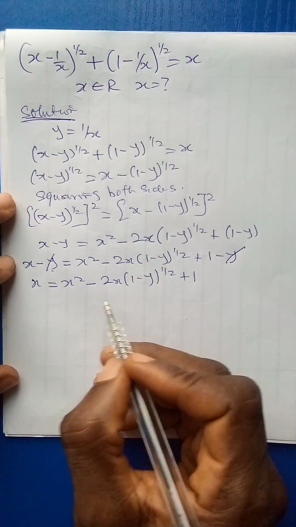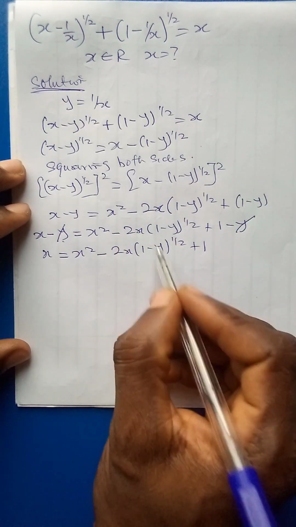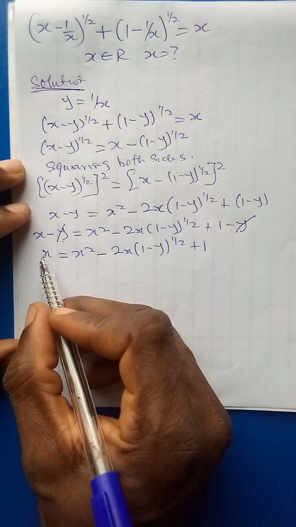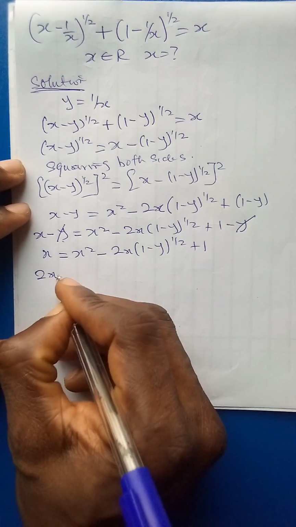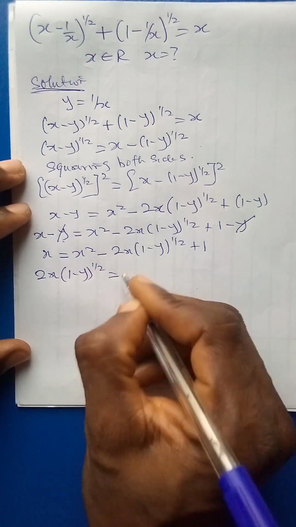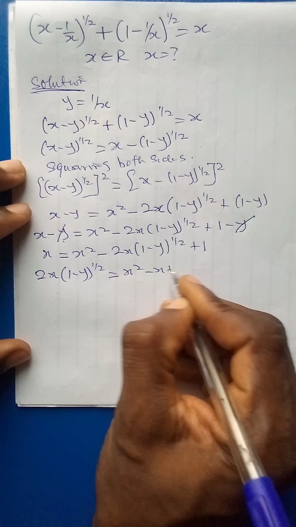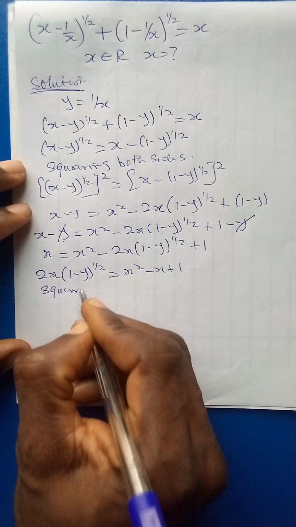I also need to square both sides, but before I do that, let me isolate this middle term and then bring this term to the other side. So it becomes 2x times (1 minus y) to power 1 over 2 is equal to x squared minus x plus 1.